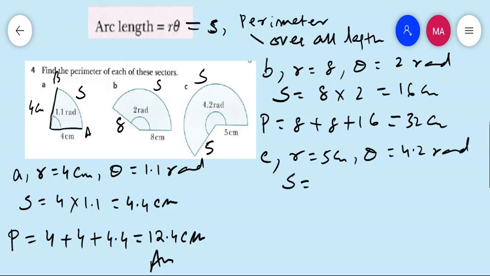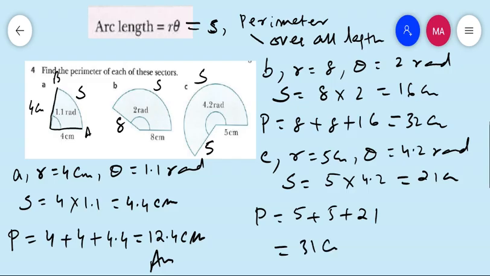First we have to find S. 5 multiplied by 4.2, which is equal to 21 centimeter. Hence perimeter is equal to 5 plus 5 plus 21, which is equal to 31 centimeter. This is the final answer.